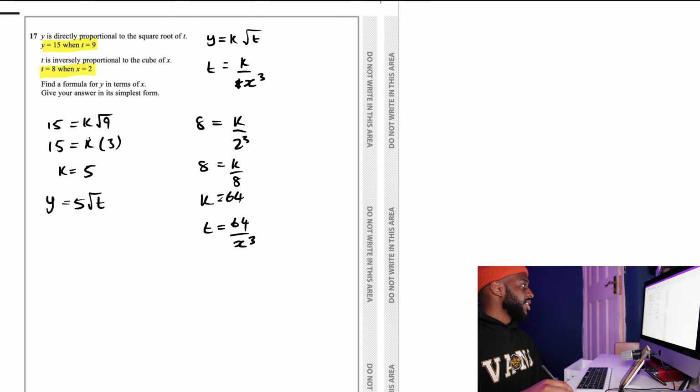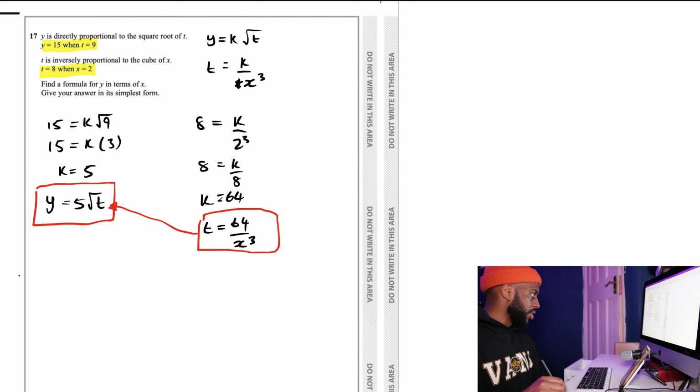Okay, perfect. Now we have to give a formula for y in terms of x. So we have what y equals over here. However, they want it in terms of x. And as you can see here, we have what t equals. So we can just sub t into this equation here. And that's what we're going to do. So y equals 5 root 64 over x cubed.